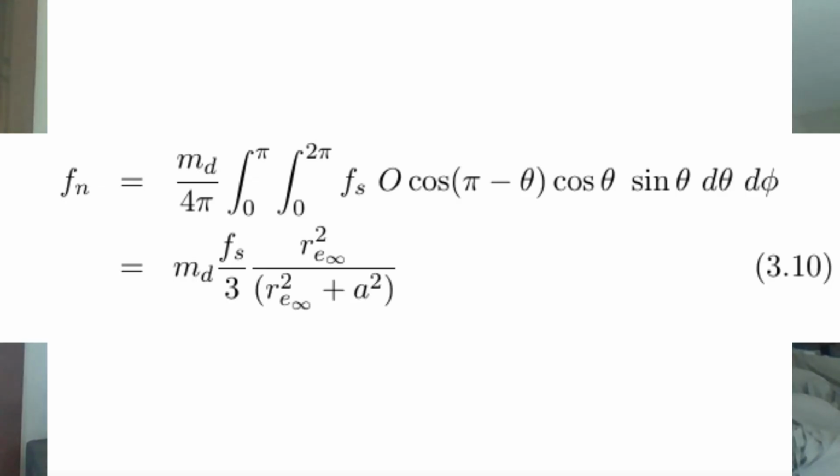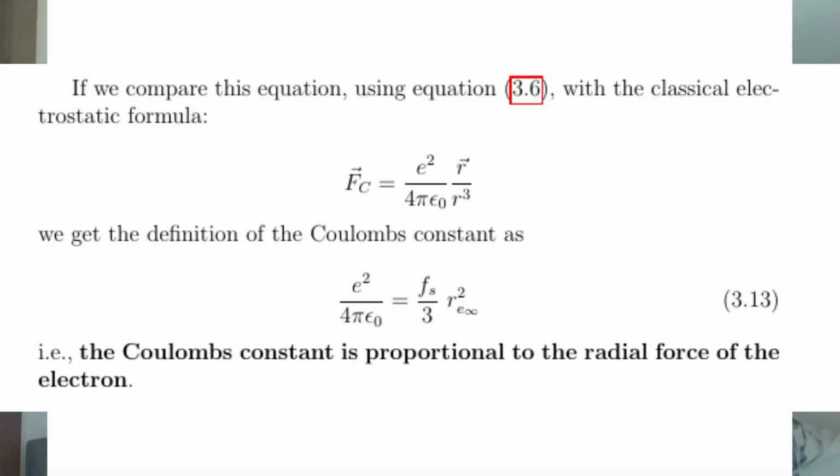If you do this, you obtain a nice little formula, and using an interval at a certain distance, you obtain a quite simple formula, and you can then compare this with the classical formula for electrostatics, and you obtain the Coulomb constant.